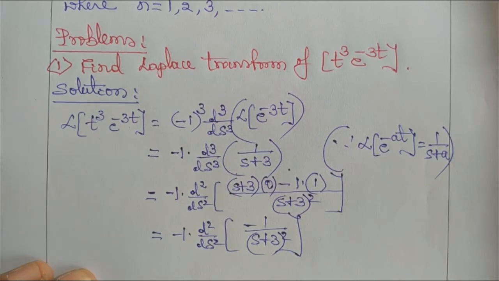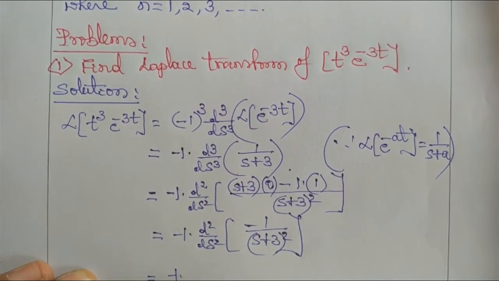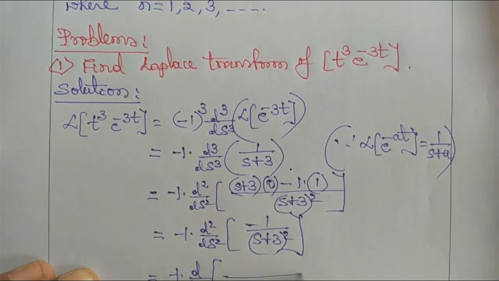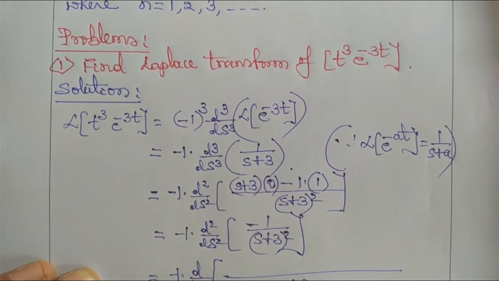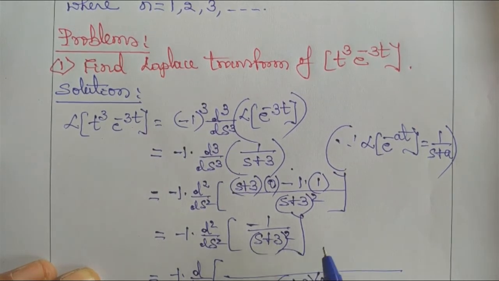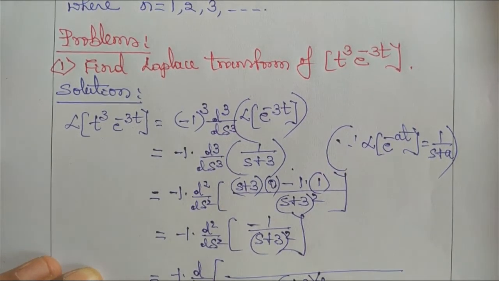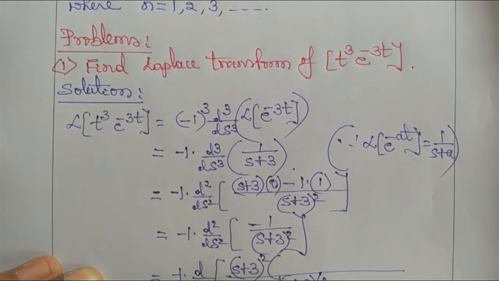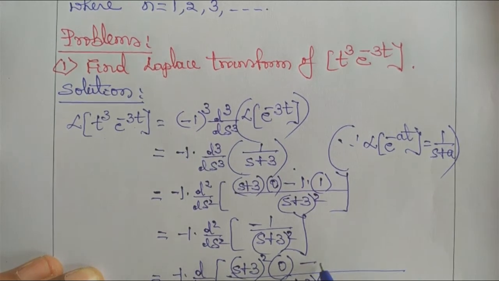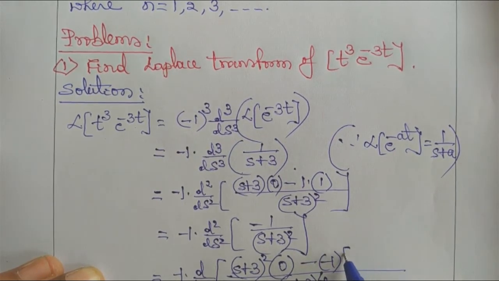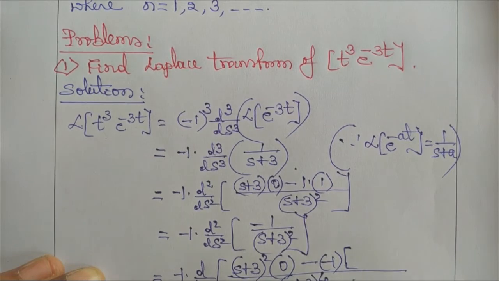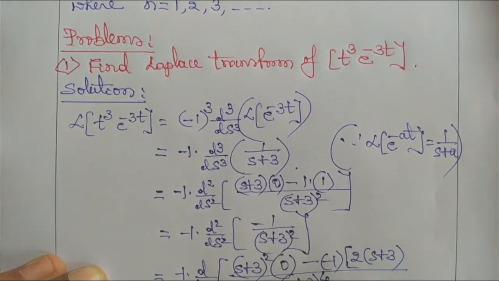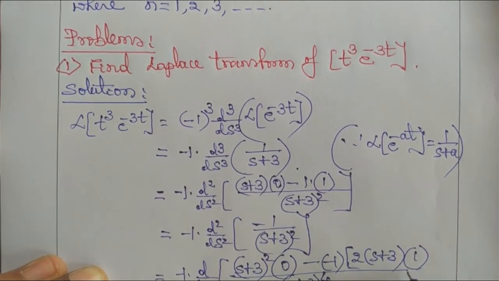Okay, then again this is minus 1 into d by ds of this, which is s plus 3 whole to the power of 4, because square means whole square, by the quotient formula method. s plus 3 whole square into differentiation of minus 1 is 0, minus of minus 1 into differentiation of this, 2 times of s plus 3, that is s plus 3 into differentiation of s plus 3 is 1.